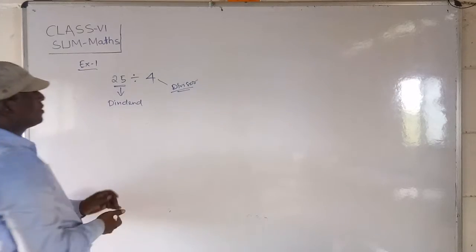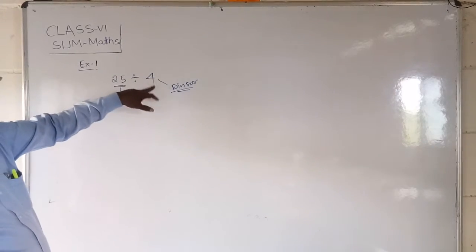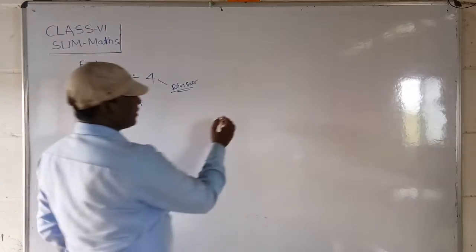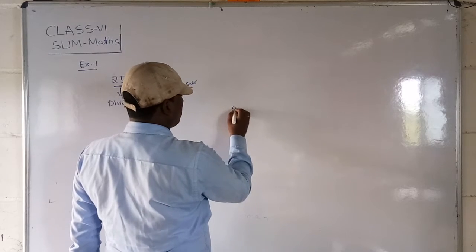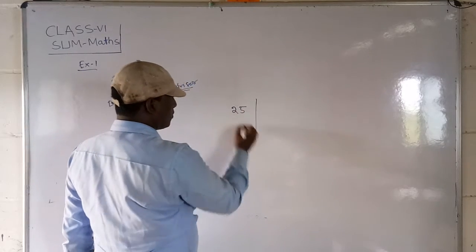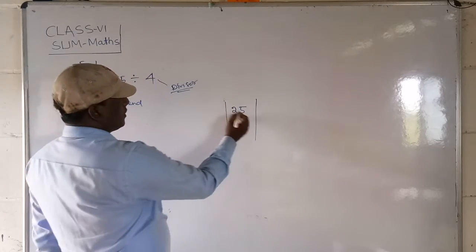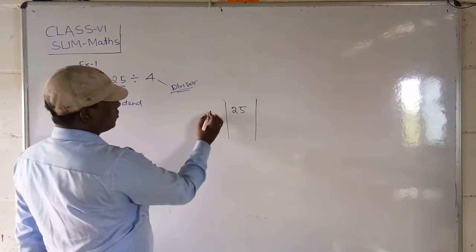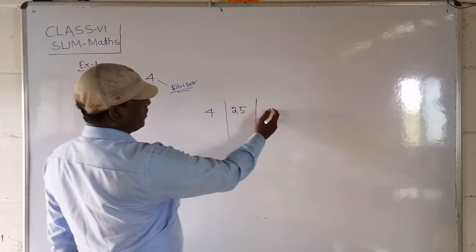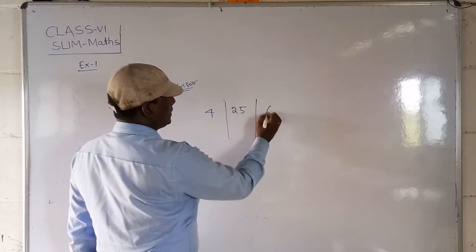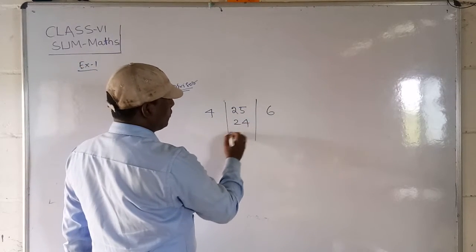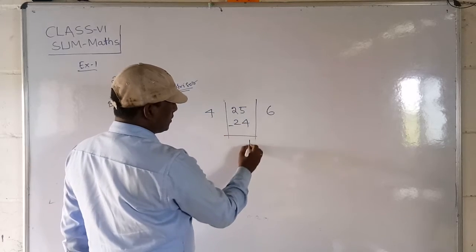Are you clear? The number being divided is the dividend, and the one by which we divide is called the divisor. So how will we do it? By the division algorithm we can do it. First write 25 and draw two lines. Okay friends, you do it this way. This is the dividend, the divisor is 4, so write 4 here. 4 sixes are 24. Subtraction, 1.